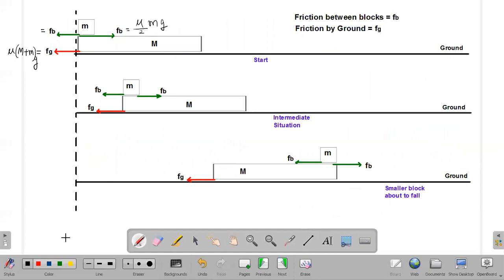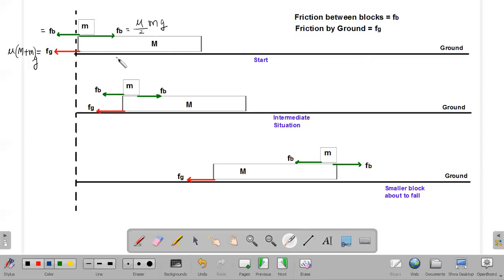Okay. Now we will apply Newton's law to find the acceleration of the lower block and the acceleration of the upper block. As you can see, there is friction acting on the lower block in the left side direction, applied by the ground, and also a friction force due to the two blocks acting on the lower block in the forward direction, which means we have two frictions acting on the lower block.